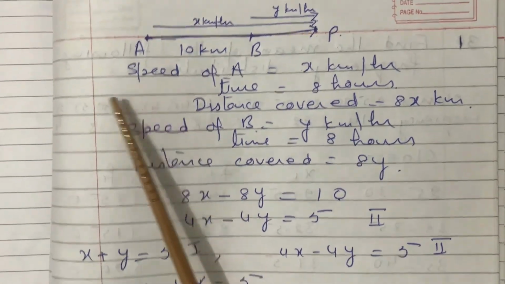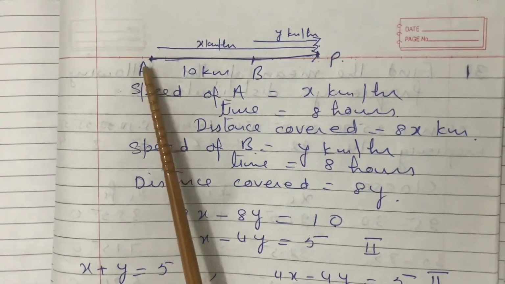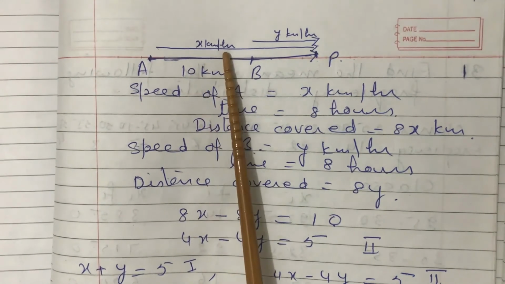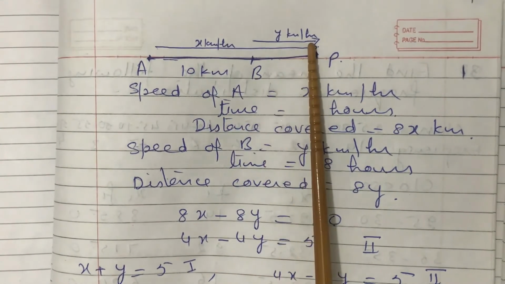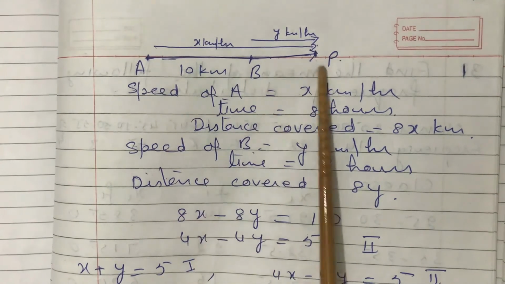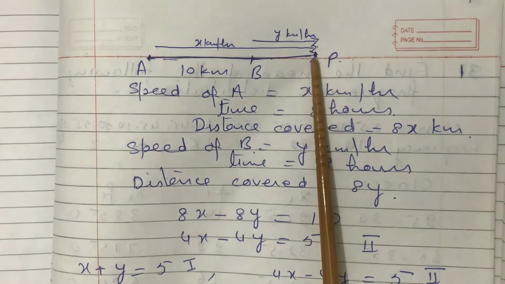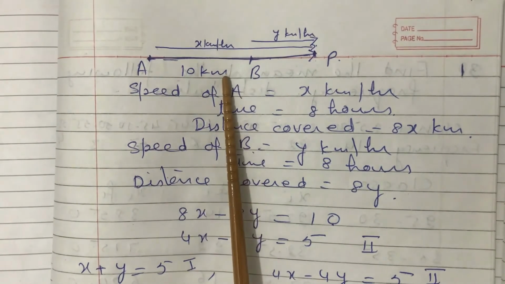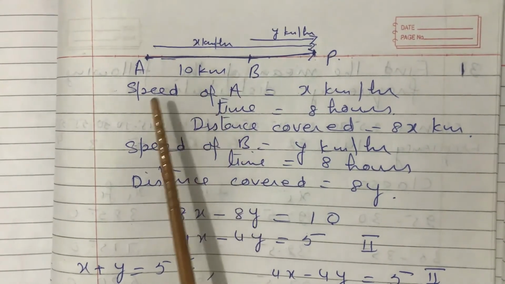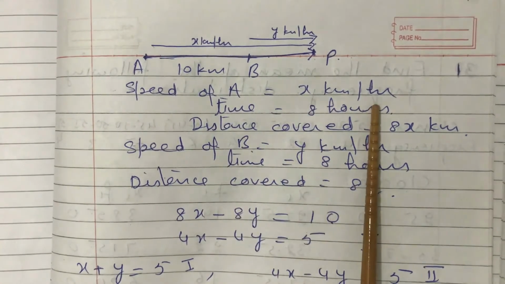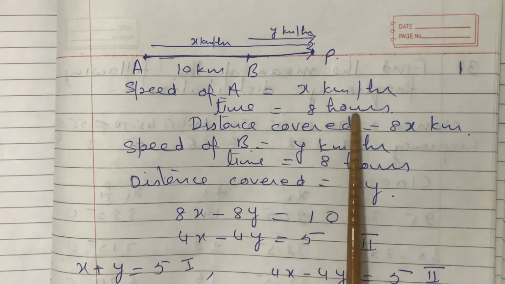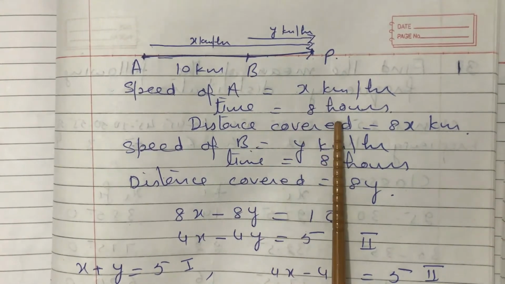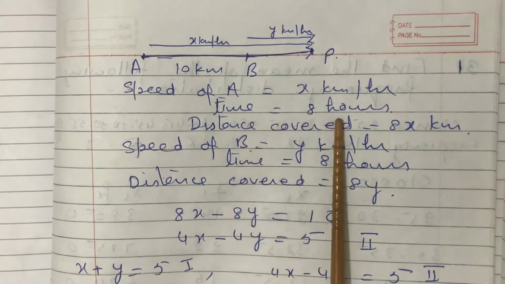Now again, I have made a figure here. This is A, this is B. The speed of A is x km per hour. The speed of B is y km per hour. They walk in the same direction and they meet at this point. And we know the distance between A and B is 10 km. Suppose the speed of A is x km per hour. If they go in the same direction, they will meet after 8 hours, so the time is 8 hours.